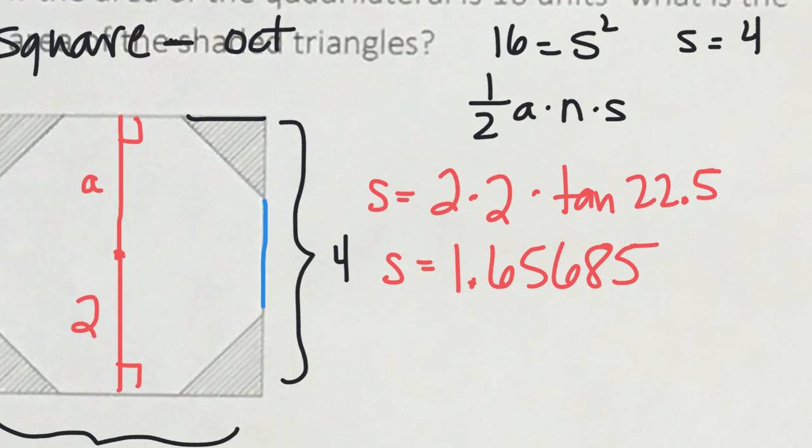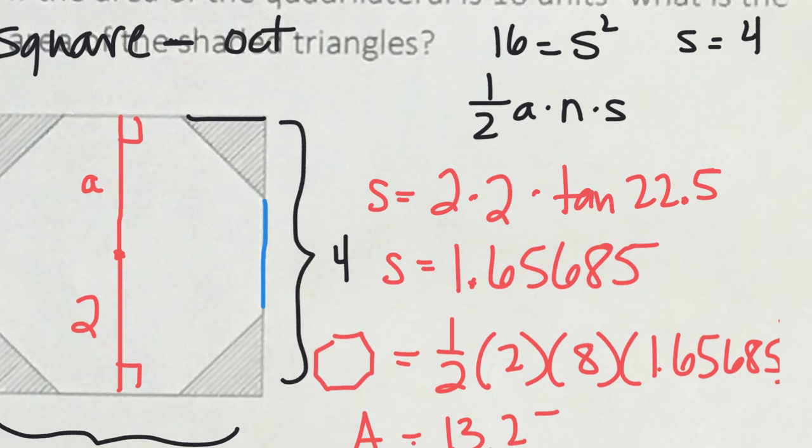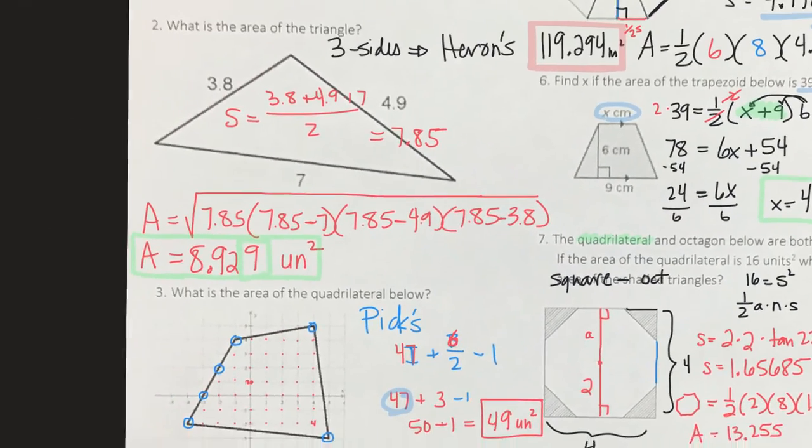So then my octagon, I'm going to draw an octagon. The octagon area is 1/2 of apothem, which is 2, times how many sides? 8, times a side length of 1.65685. So I'm keeping all those decimals in there. If you rounded, then you're going to get a slightly different area than I am, which is 13.2548, which is 13.255.